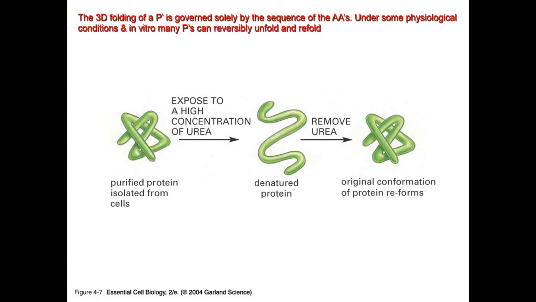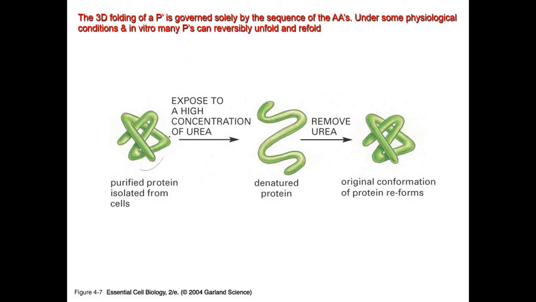So next, the 3D folding of a polypeptide is governed solely by the sequence of the amino acid. Okay, so this folding is governed by the sequence of amino acid. So under some physiological conditions and in vitro, many polypeptides can reversibly unfold and refold.